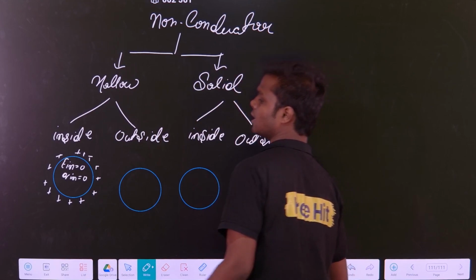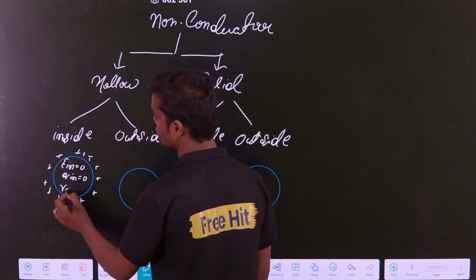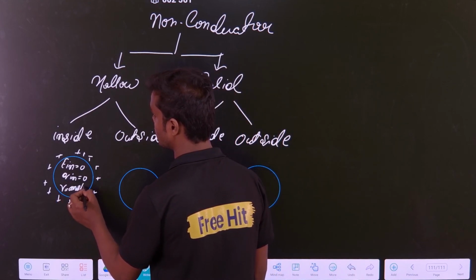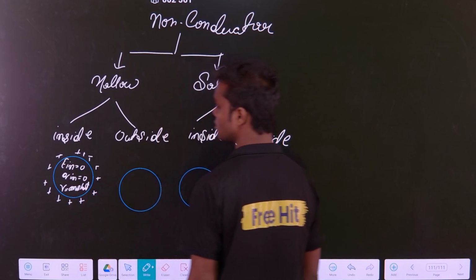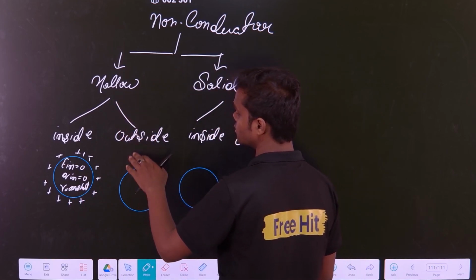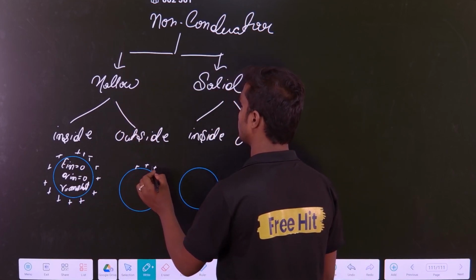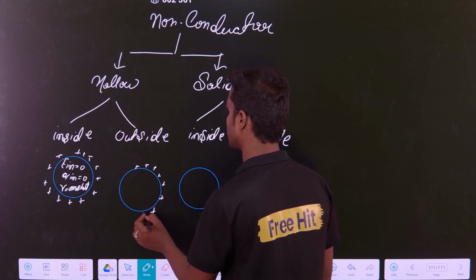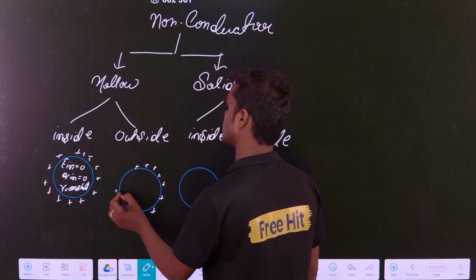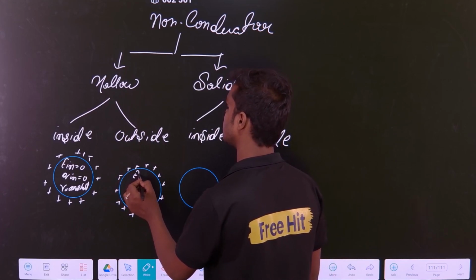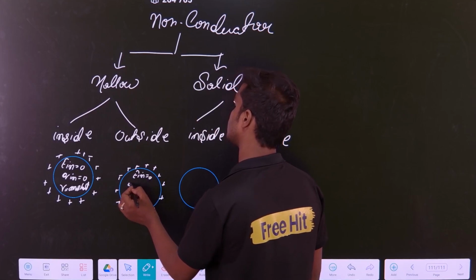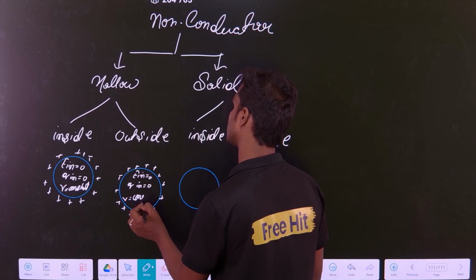If the internal electric field is 0, then obviously my potential will be constant. Similarly, here also, it is outside we are talking about, but we can't comment about outside right now. But we can say one thing: E internal is again 0, Q in is again 0, and V is constant.